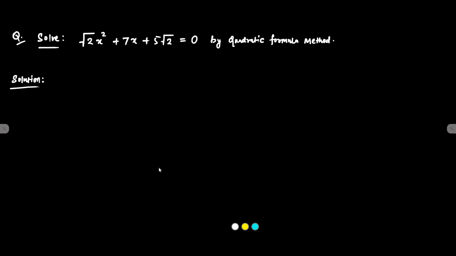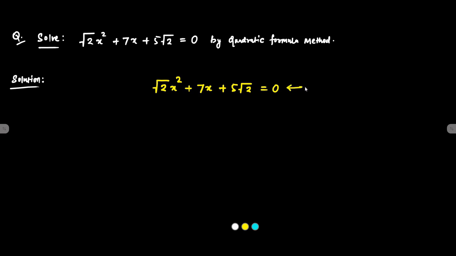So here is another question on solving quadratic equations through quadratic formula method. The quadratic equation is given: root 2x square plus 7x plus 5 root 2 is equal to 0. We have to solve it through quadratic formula method. So first let us write the quadratic equation. Root 2x square plus 7x plus 5 root 2 is equal to 0.